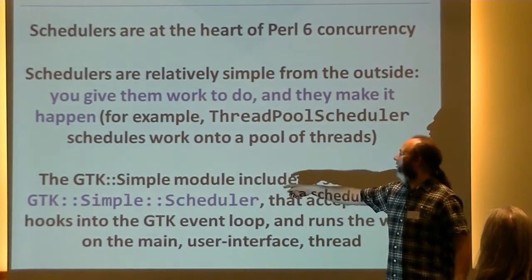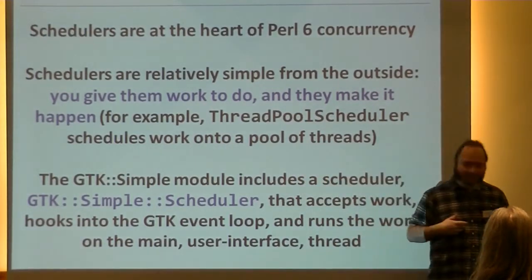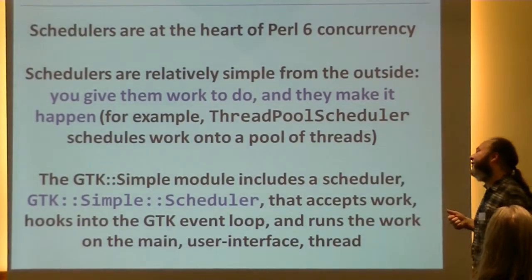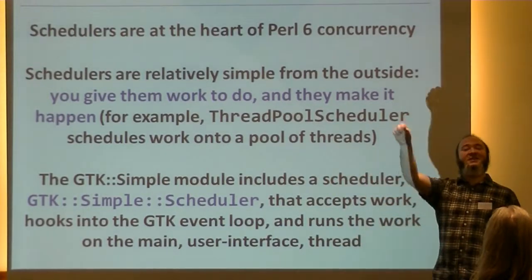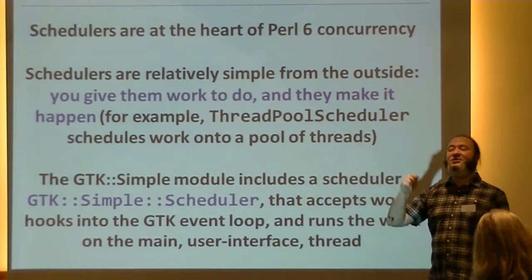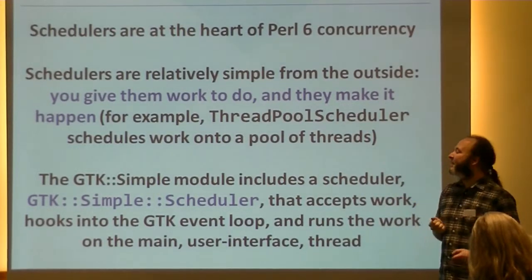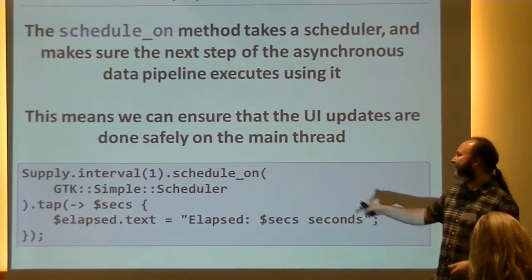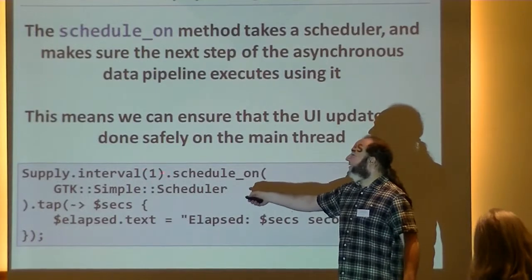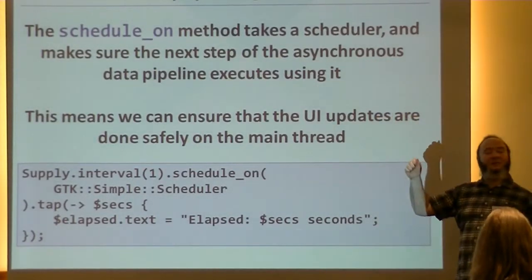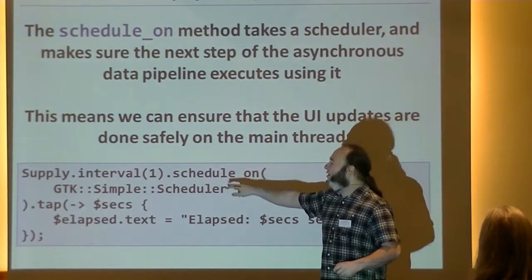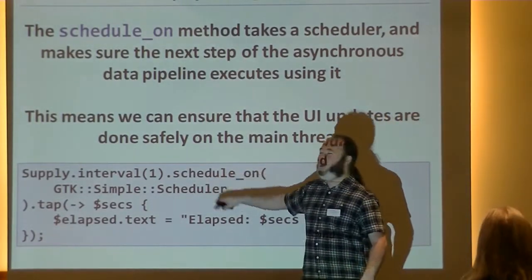Now, what I did is I wrote a GTK simple scheduler. The GTK simple scheduler basically accepts work and shoves it into GTK's event loop so it gets done on the user interface thread. How do we use it? Well, it's like this. We take our ticks, so that tick arrives on a thread in the thread pool, and I just say schedule on this scheduler.